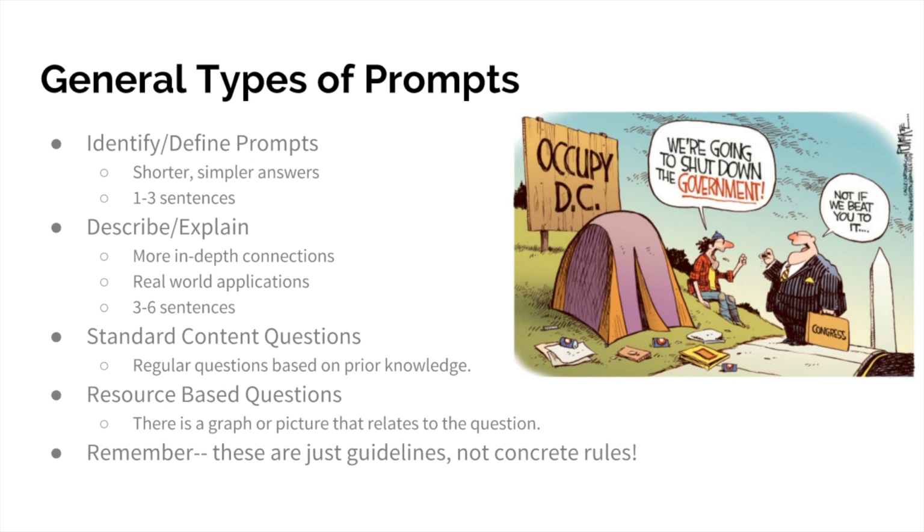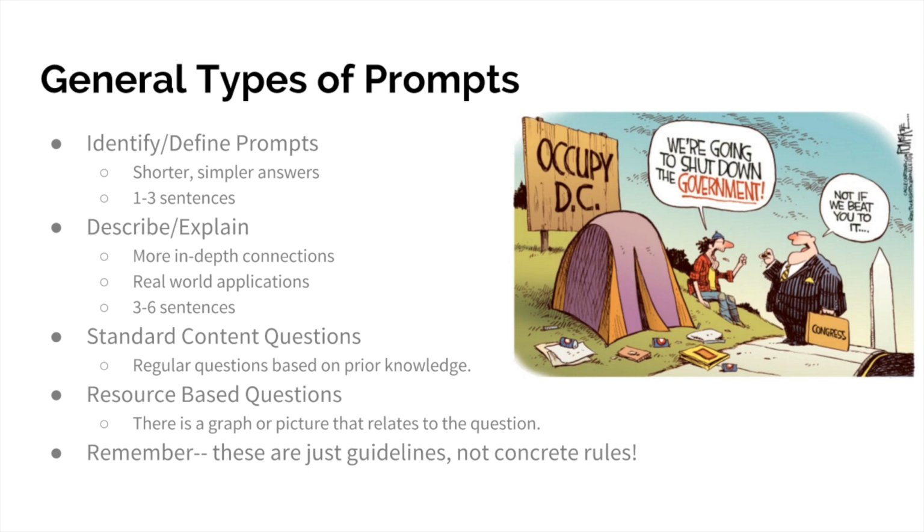So there are a couple different types of prompts. There are identify/define prompts, which are shorter and simpler, and the answers should be between 1 to 3 sentences. There are describe/explain prompts, which are more in-depth and have real-world applications, and they should be from 3 to 6 sentences.